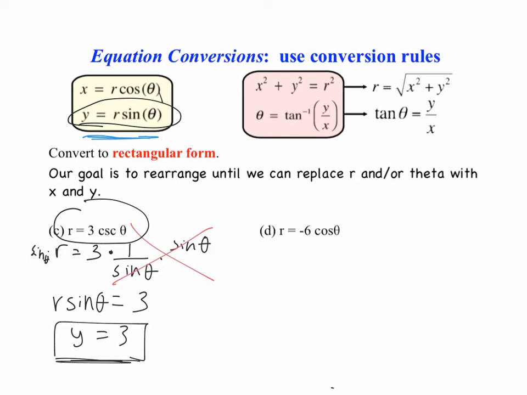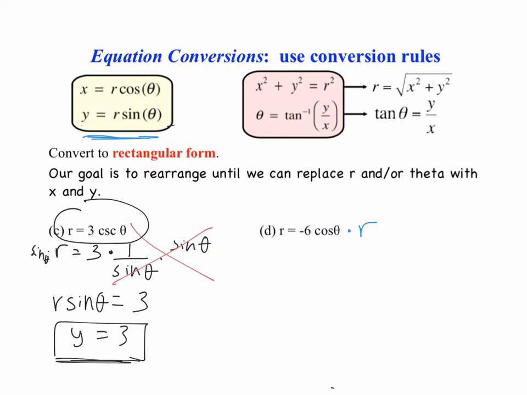And last but not least, over on the right here, this time we don't have cosecant or secant or anything like that. We have r equals negative 6 times the cosine of theta. Well, in order to be able to use these substitutions from up above, I need not just cosine theta, but I need r times cosine theta. So our trick in this problem on the right is going to be to multiply by r over here, so I have the r cosine theta I want.